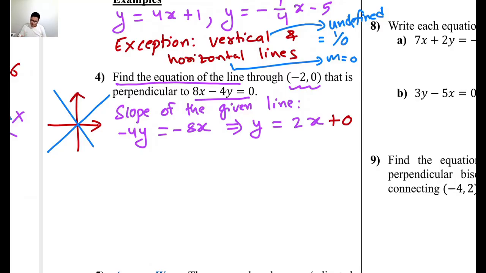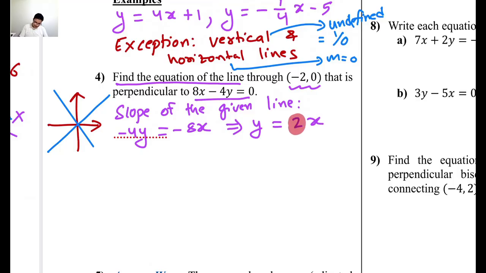You can check easily that if you plug in 0 for x, you get 0 for y, so they go through the origin. So y equals 2x, and right now what we needed was the slope only.